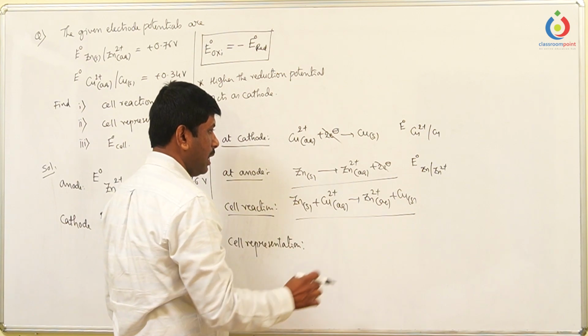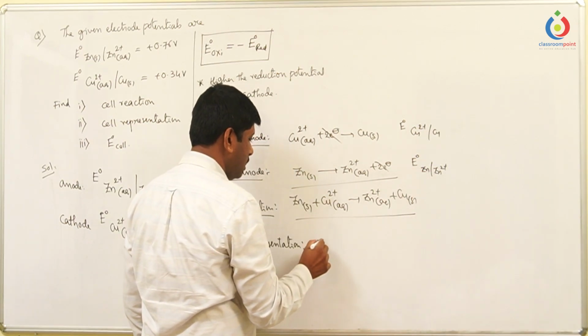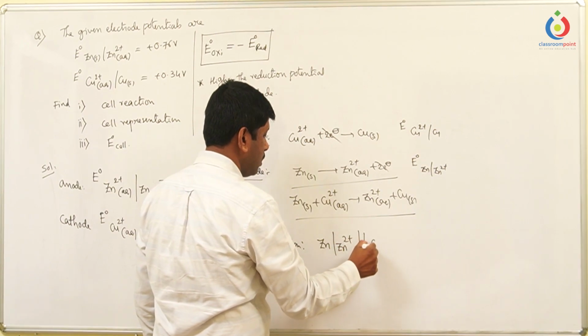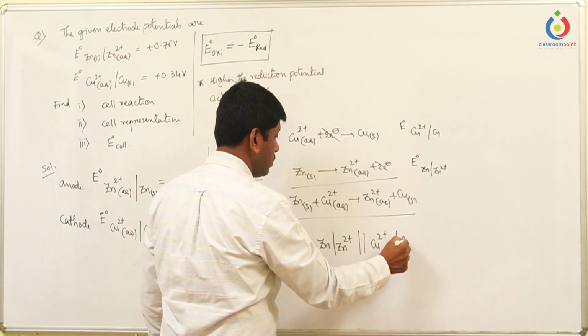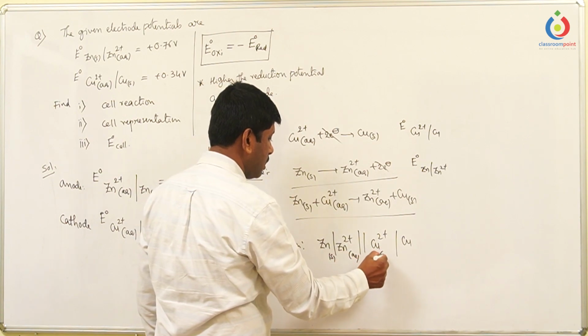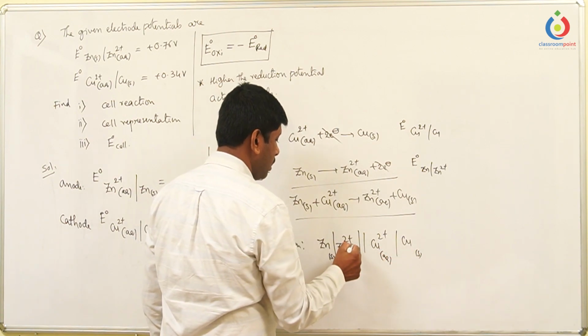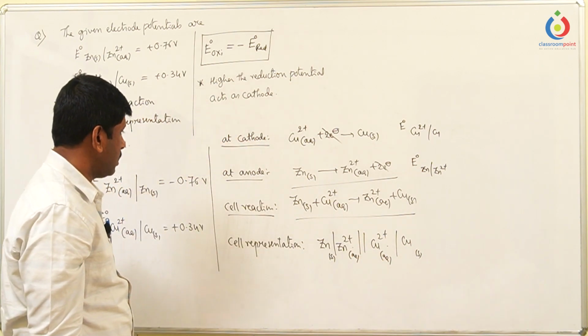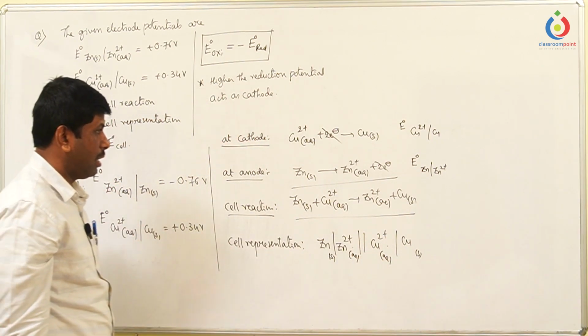This is the oxidation reaction that takes place at the anode. Zinc by Zn2+, Cu2+ by Cu. It is better to mention their physical states along with the concentrations. Here concentrations are to be mentioned. Cell representation is done.